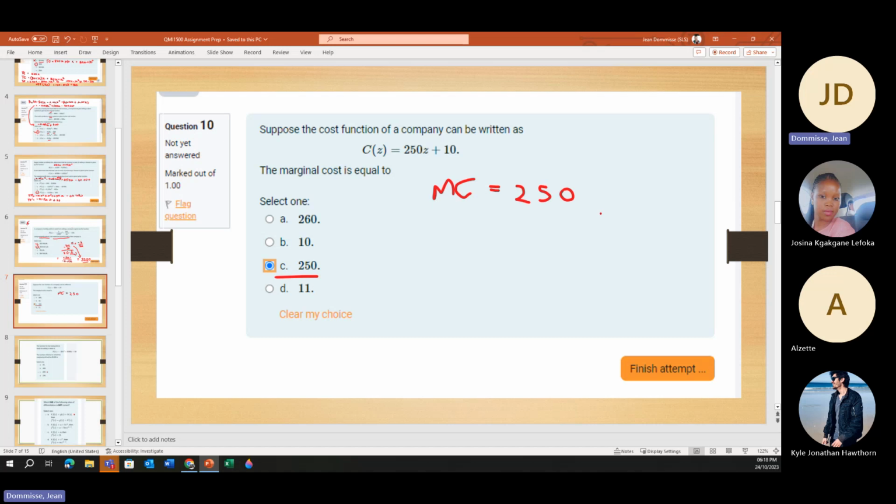Please tell me at least that is correct. Did you guys get C for this one? Okay. We're 3 out of 6, so we're still 50%. We're still passing.